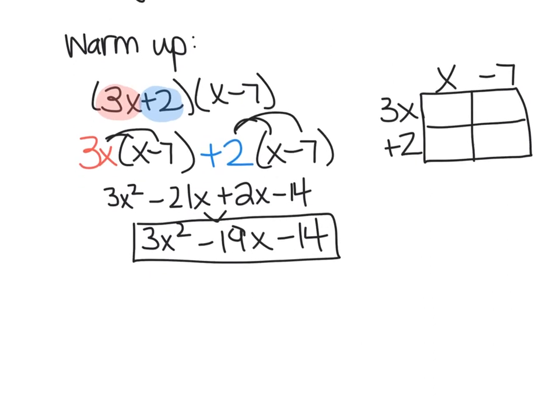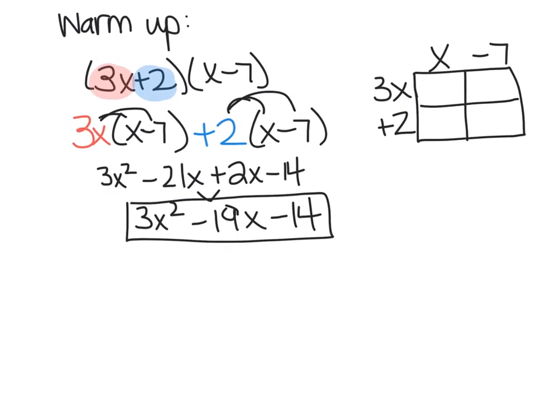Okay, so today what we are going to start with is we're going to start talking about expressions and equations. So remember, what makes something an equation is that they have an equal sign. If you see an equal sign, then you know it's an equation.